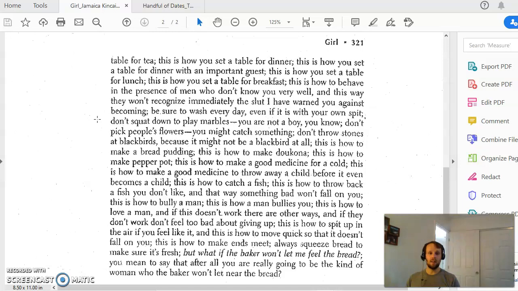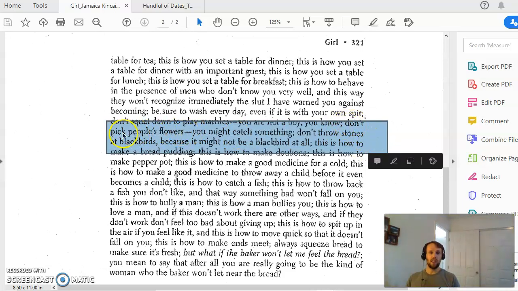Another spot I see on this page is here, where it says, "Don't pick people's flowers. You might catch something." That seems like a weird sort of phrase. What are you going to catch from a flower? Again, I would push you to look at this as relationship advice. What does it mean that the author describes these as other people's flowers? If you're picking other people's flowers, again thinking about this in terms of a relationship, what are some of the things you might catch?